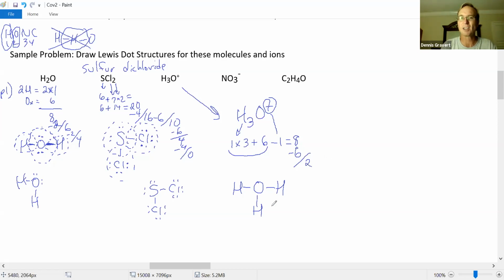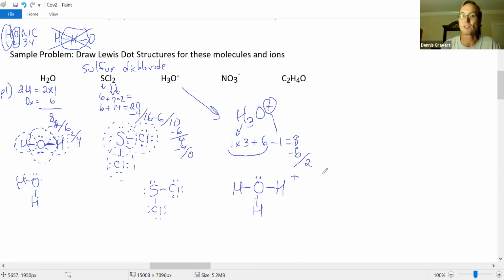Fill the outer atoms with an octet, but not for hydrogen, it's done with the duet. These last 2 electrons you dump on oxygen as a lone pair. We hope everybody's got an octet, and yes, oxygen has 3 lines. 1 line equals 2 dots, so 2, 4, 6, plus that pair is 8. This is a stable molecule, and we know it as the hydronium ion.